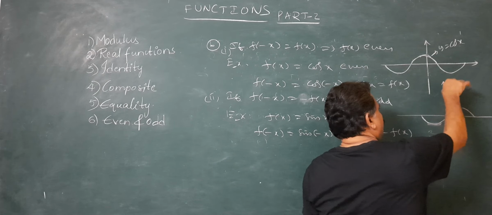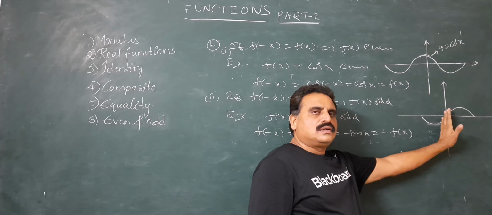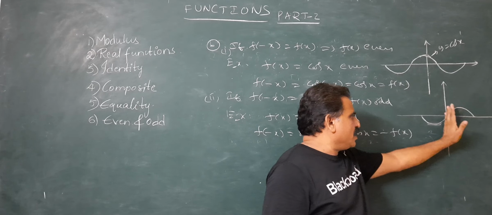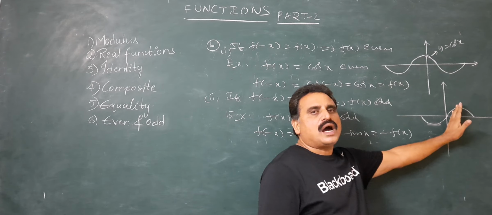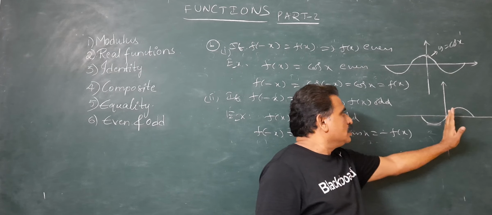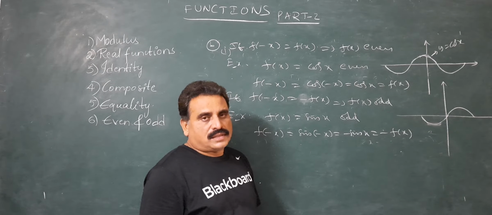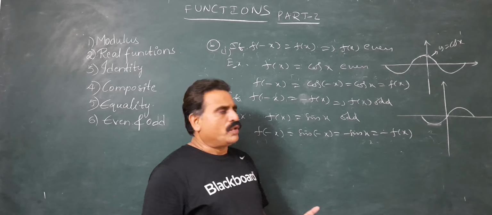Skew symmetric means the left side of the y-axis is the reverse of the right side. The left side of the y-axis is down, and the same part on the right side is up. So this is called skew symmetric about the y-axis. Every odd function is skew symmetric about the y-axis.